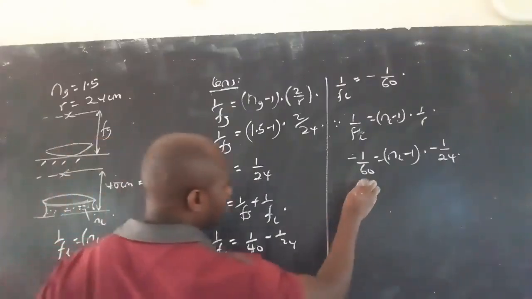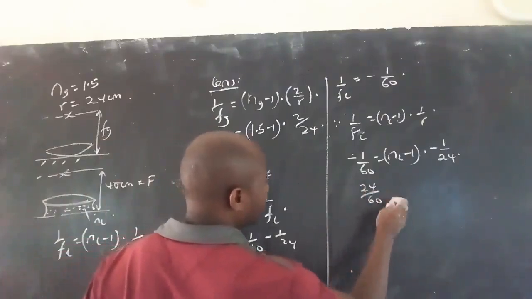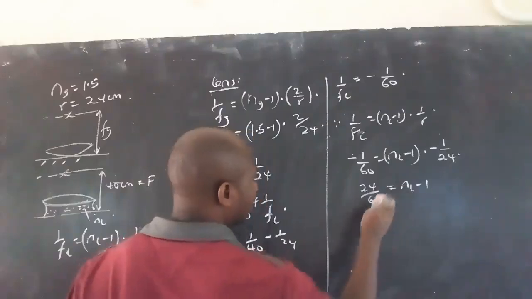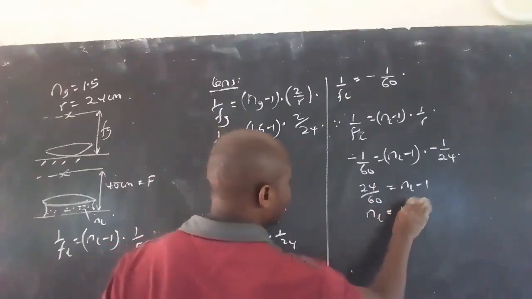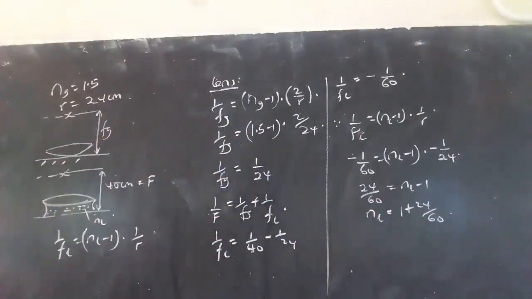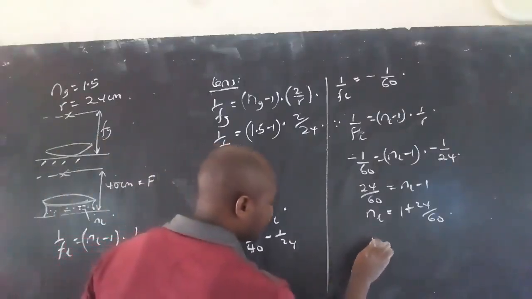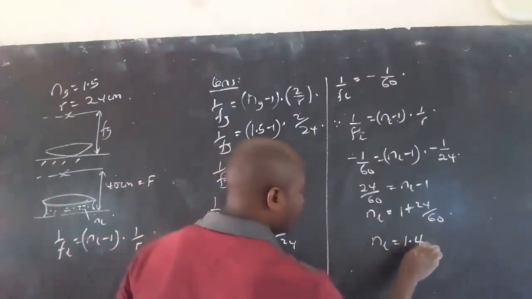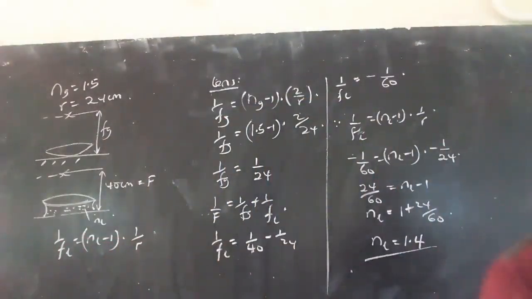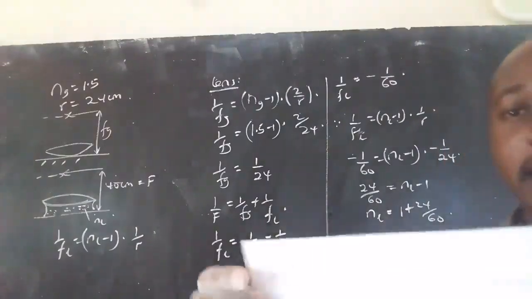So this is 24 over 60 is equal to NL minus 1. So NL will become 1 plus 24 over 60. I think it will give us 1.3 something. Here we shall be able to get 1.4.